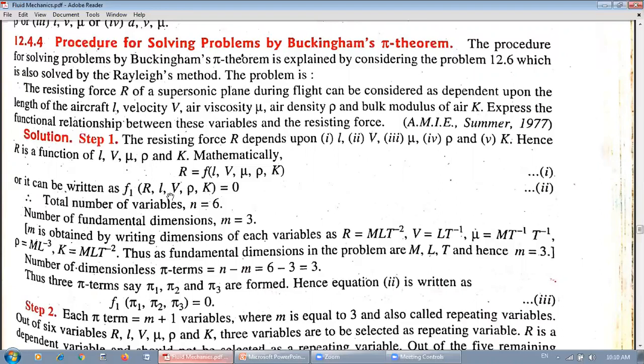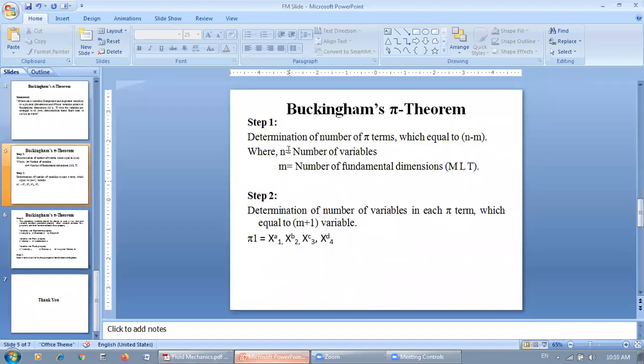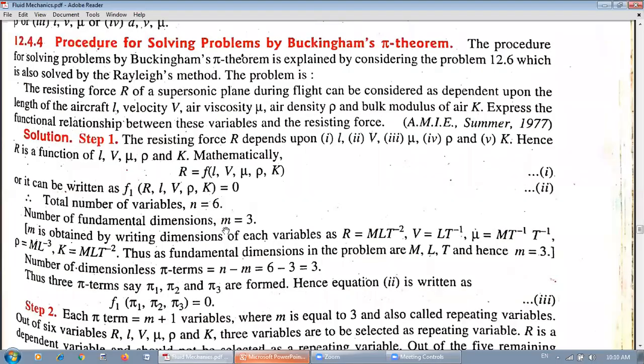Okay. So first step, as we have already discussed, is the determination of the number of pi terms. To determine the number of pi terms, we require n minus m, the n and m values. Already we know m is equal to 3, but what about n variables? Now you can see the variables.